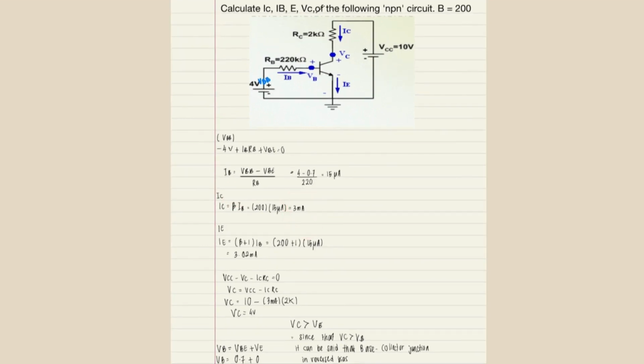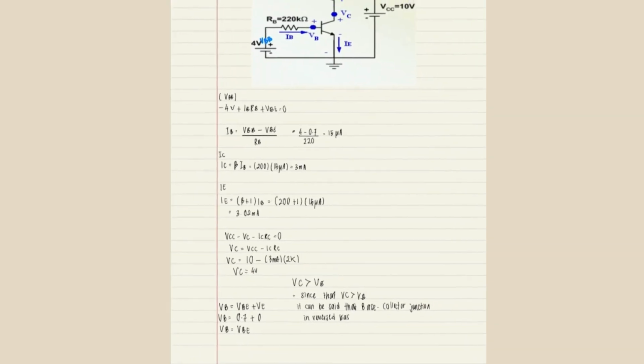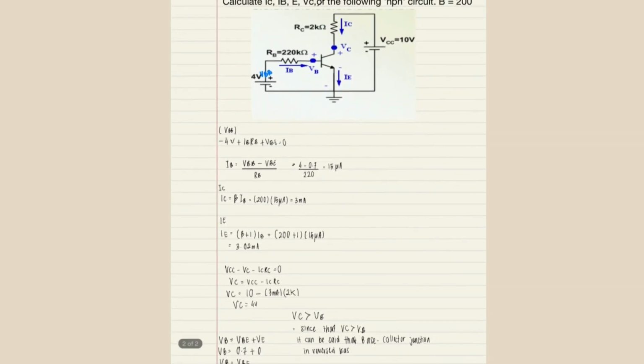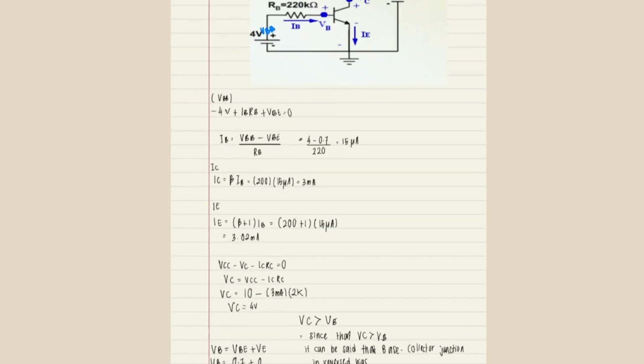And IE, same, we put the values into the formula and get IE equals 3.02 milliampere.